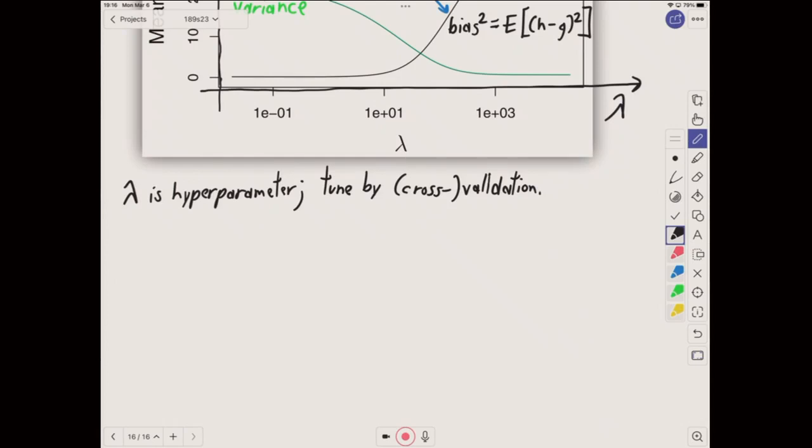So another thing I want to mention about ridge regression, which does not generally apply to standard least squares regression, is that you probably want the different features to be of the same sort of size, or in other words, it often pays to normalize each feature so that each feature has the same variance.